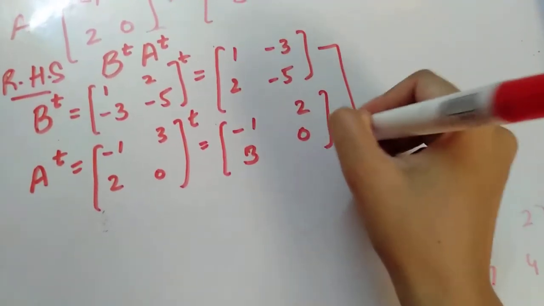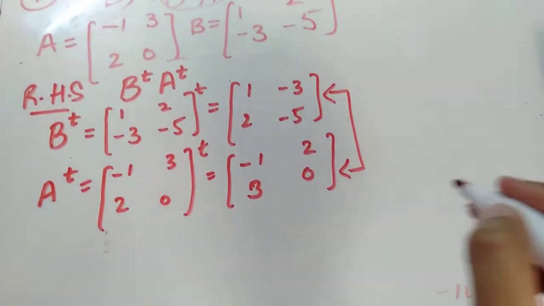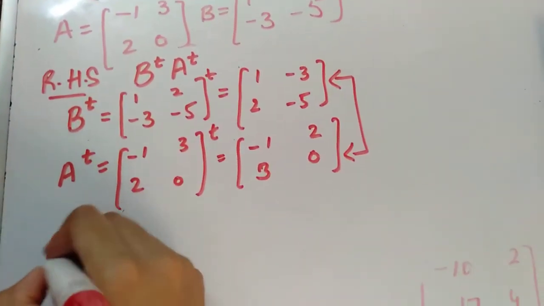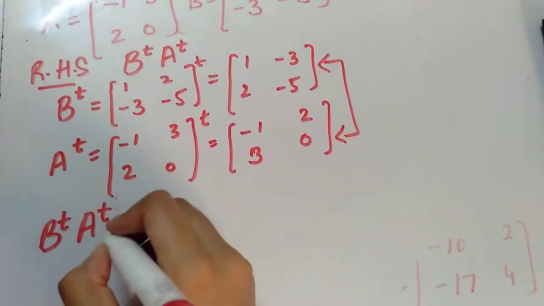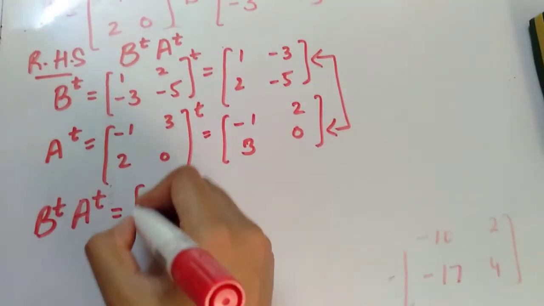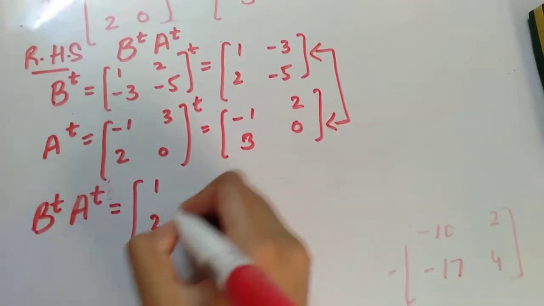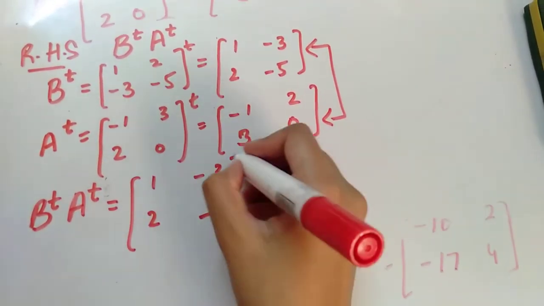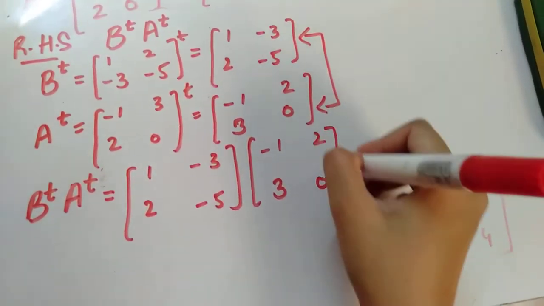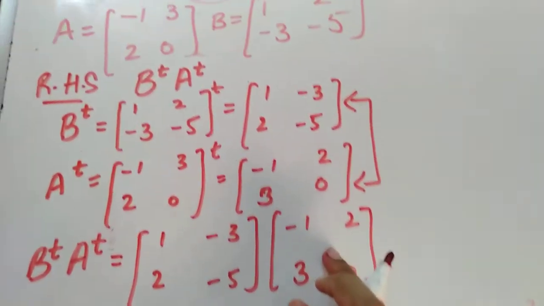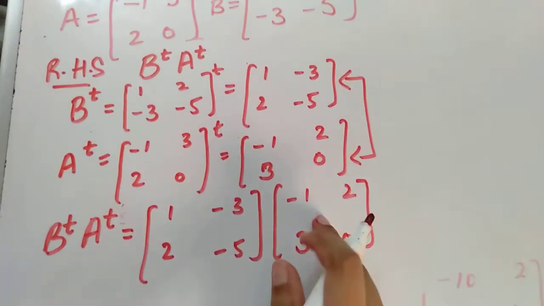Now we will multiply these two matrices, B transpose with A transpose. First we write B transpose: 1, 2, -3 and -5. Then we write -1, 3, 2 and 0. This is our A transpose.